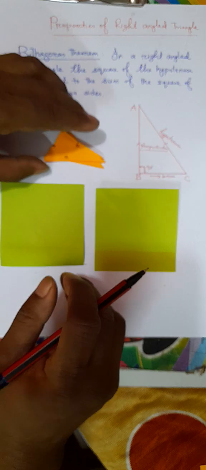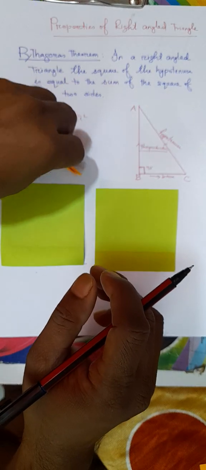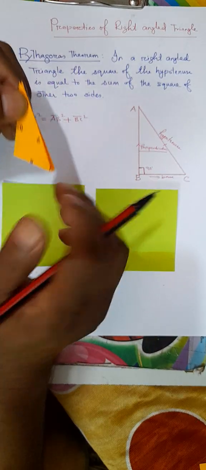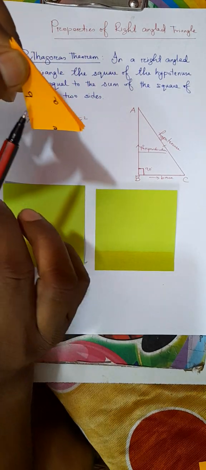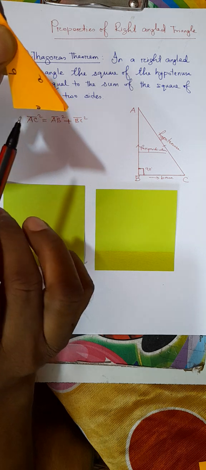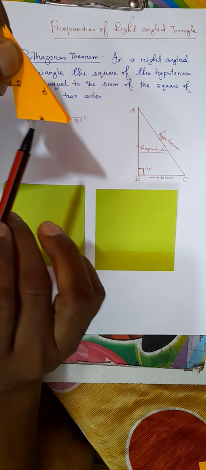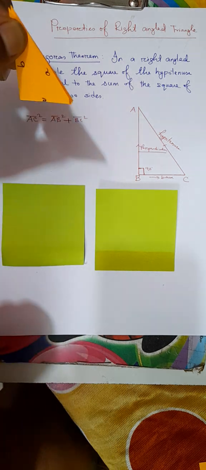So in all these right angle triangles, the measurement of hypotenuse is a, perpendicular side is b, and base is c.